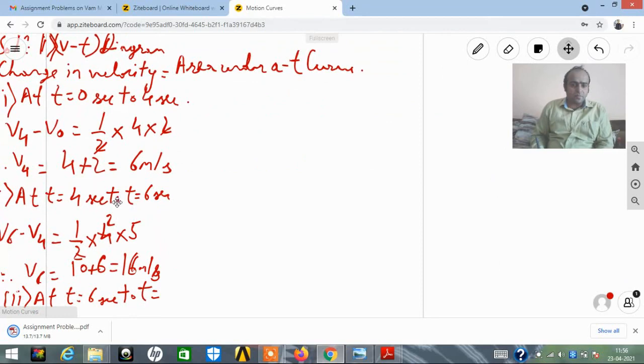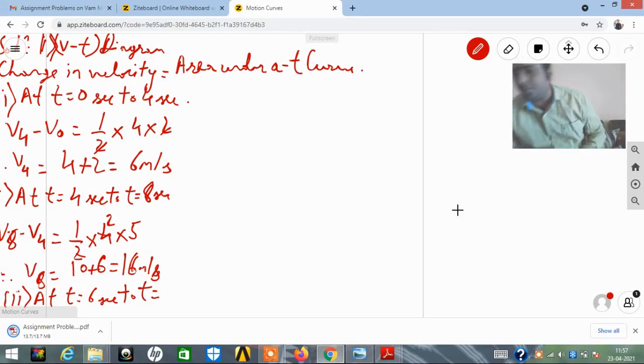It was t is equal to 4 seconds to t is equal to 8 seconds, not 6 seconds. Already we have taken it, so we just need to change the values. V8 minus V4, half into 4 was correct, 8 minus 4 was 4, and it is 10 plus whatever the value has come, 6, is equal to 16. So this was V8 is equal to 16.